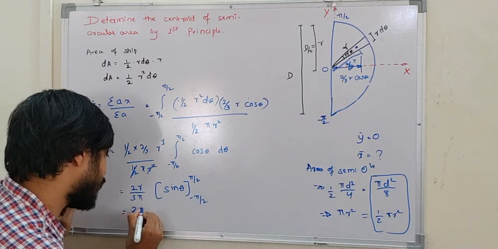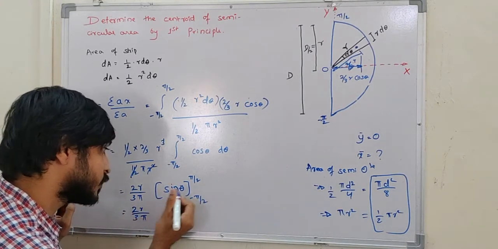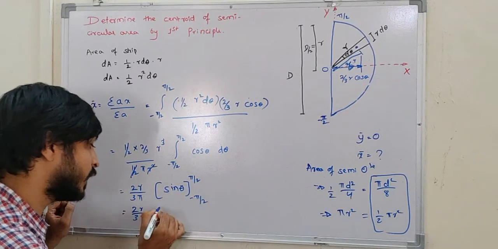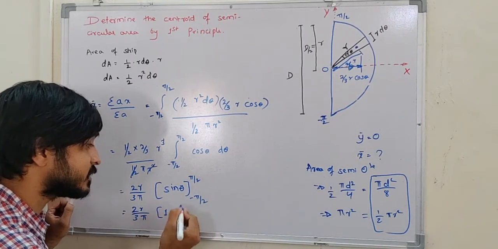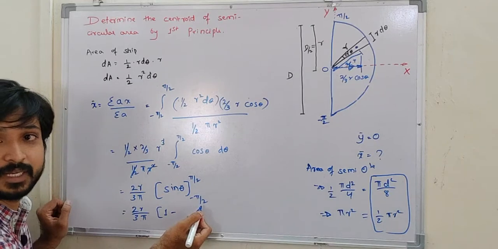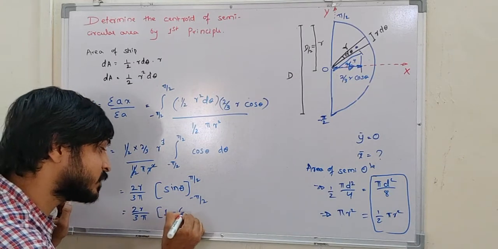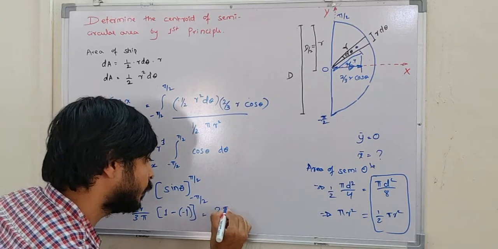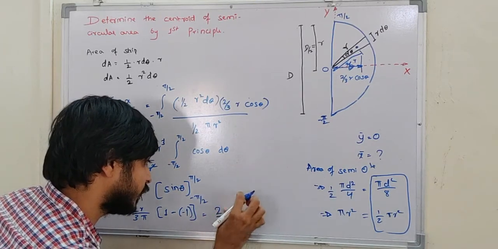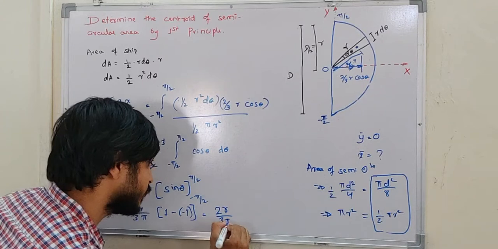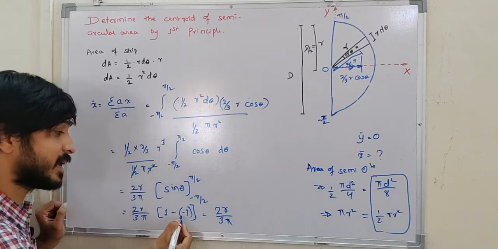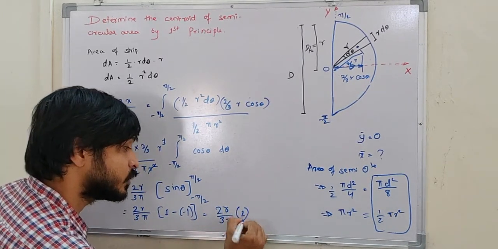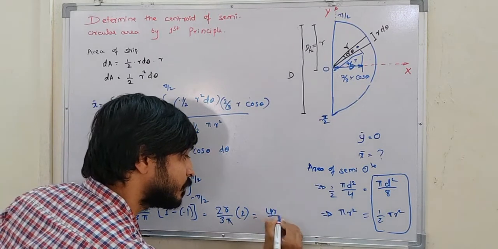So 2r divided by 3 pi. Sin of pi by 2 is 1. Correct? So 1 minus sin of minus 90. Minus 90 is minus 1, right? So minus of minus 1. So it becomes 2r by 3 pi, into minus of minus is plus 2, so finally it becomes 4r by 3 pi.